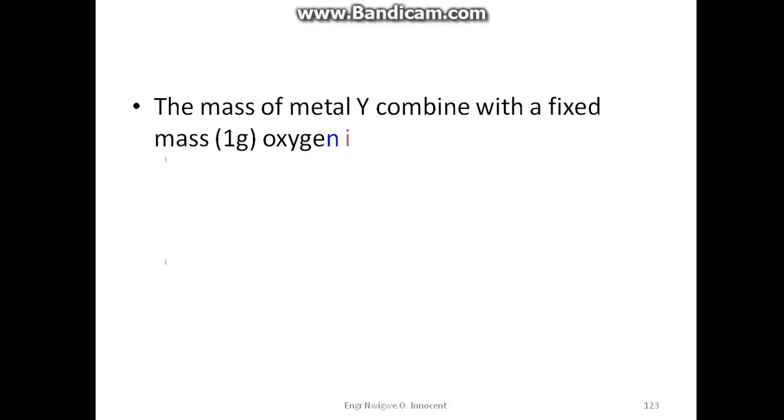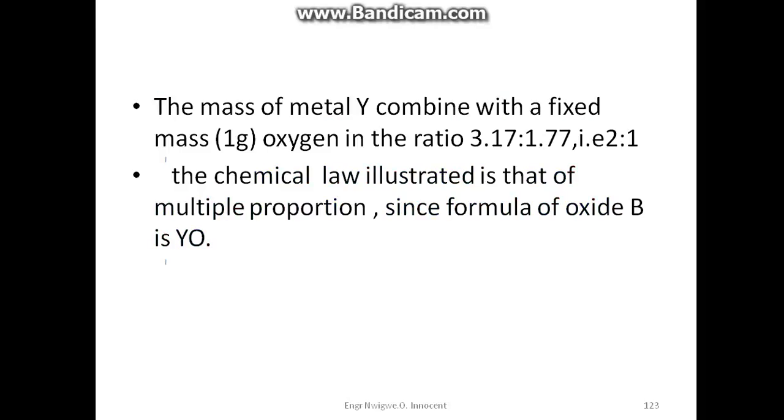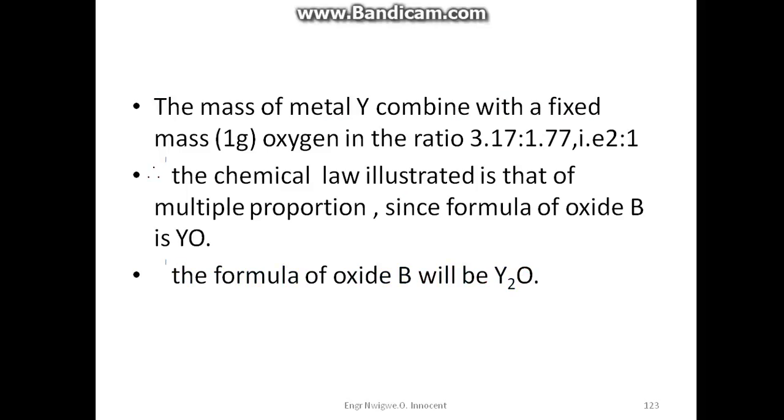The mass of metal Y combined with a fixed mass of 1 gram of oxygen is in the ratio 3.17 to 1.77. That is 2 is to 1. Therefore, the chemical law illustrated is the law of multiple proportions. Since the formula of oxide B is YO, the formula of oxide A will be Y2O.